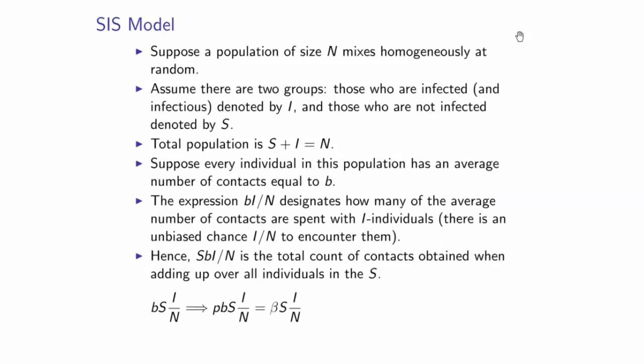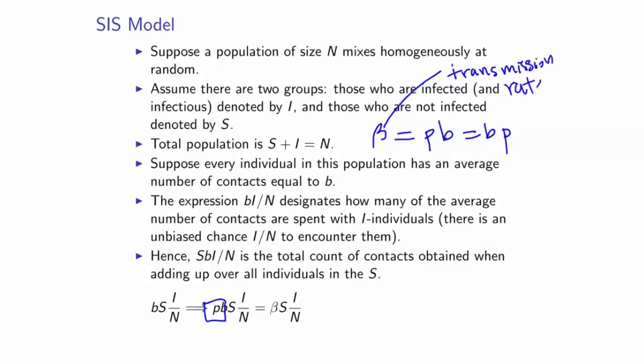So we're going to take this expression here. We're going to let beta denote P times B, or B times P. B is the average number of contacts, P is the probability of infection given a contact. And now this parameter beta is going to be called the transmission rate, the rate at which infection is passed on.